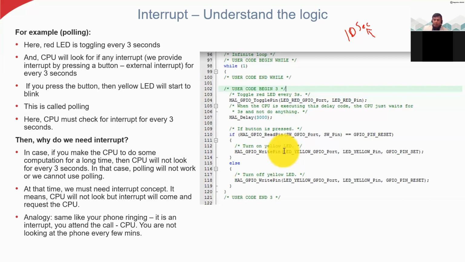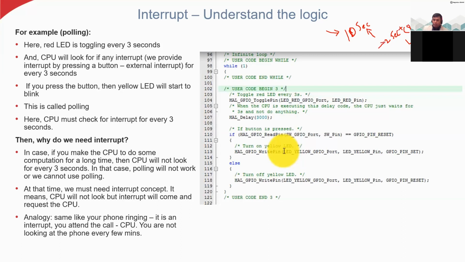I press the button at 2 seconds. So whenever I press the button, the LED should be on, right? But the LED will not be on. After I press this, the CPU is coming and checking if there is any interrupt or not every 10 seconds. So I need to wait 8 seconds after I press the button.